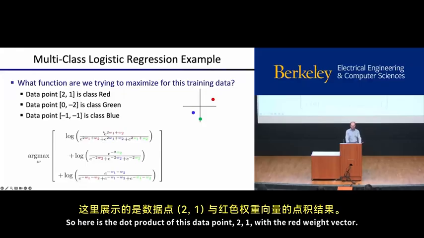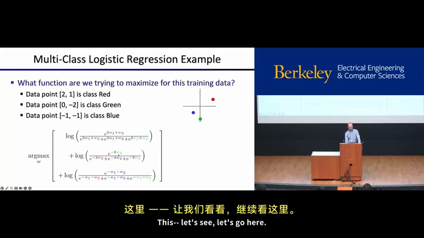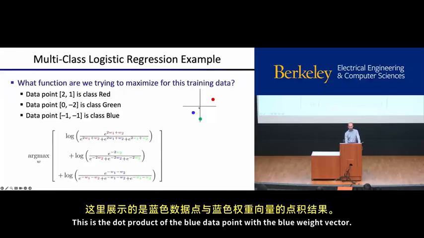So here is the dot product of this data point, 2, 1, with the red weight vector. This is the dot product of this data point with the blue weight vector. This is the dot product of the blue data point with the blue weight vector.